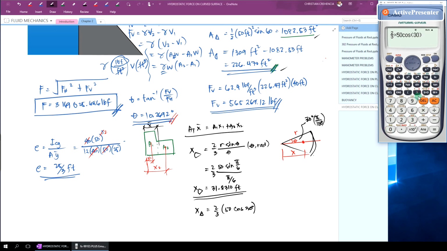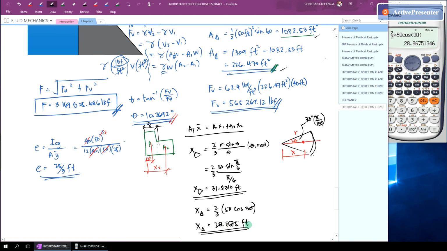These distances are from point O, from the center of the circle. So we have 28.8675. Then the segment is the unknown.